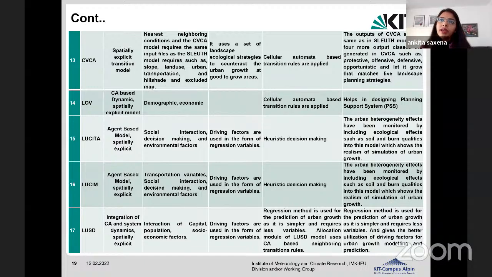Sometimes we want a long-term future projection and want to consider these factors, but we don't have data, so we cannot use those models. Our selection of model should be on the basis of the availability of data, and of course what we want to project in future. How long are we aspiring to project our urbanization?